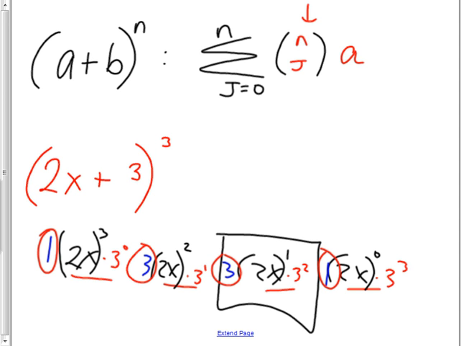And it's a to the n minus j, and it's b to the j. All right. This really looks like a whole bunch of mumbo jumbo until you actually try one.